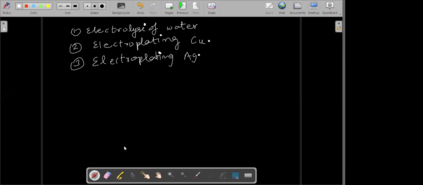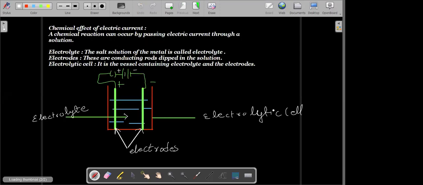Okay. So what is the electrolysis of water? Electrolysis of water is the splitting of water to give hydrogen and oxygen. So this we did in the last class. In the electrolysis of water, we took a chamber containing the contents as seen over here.